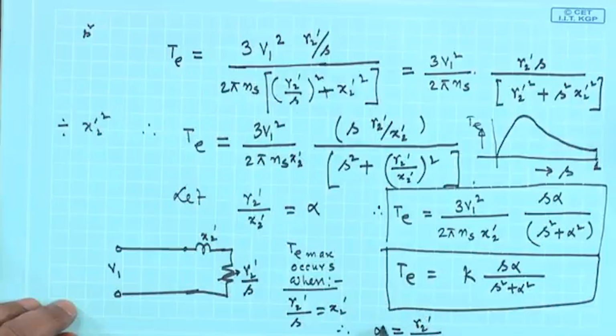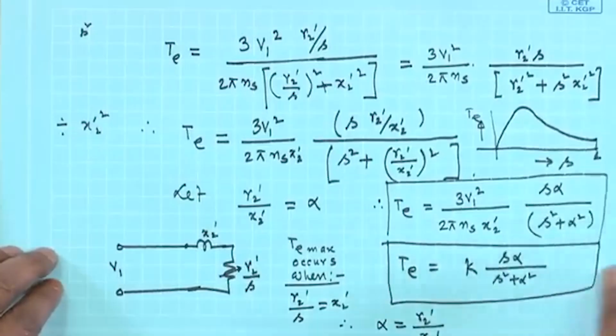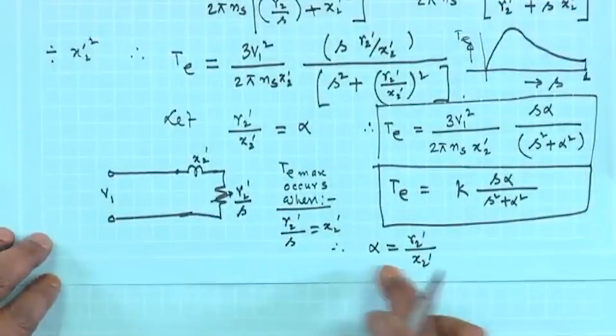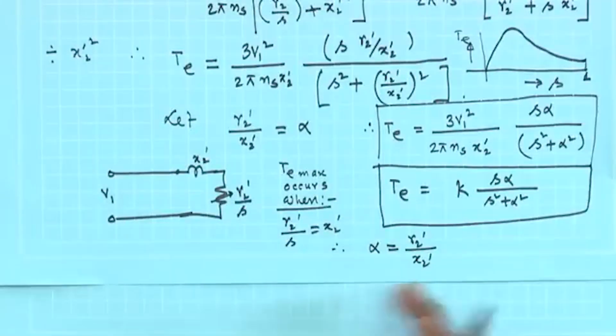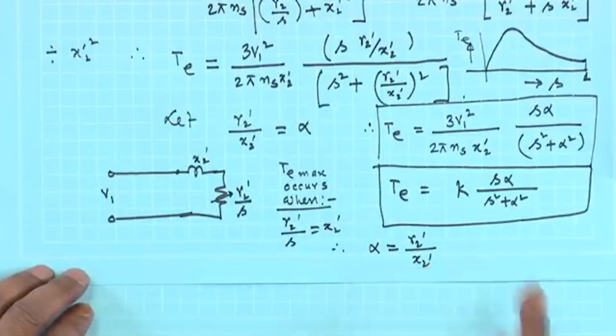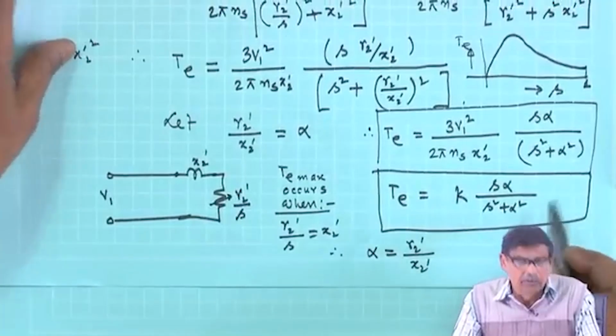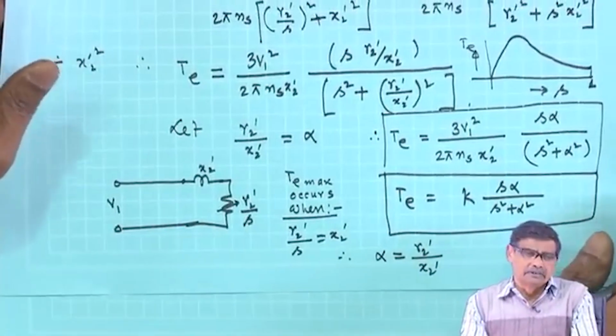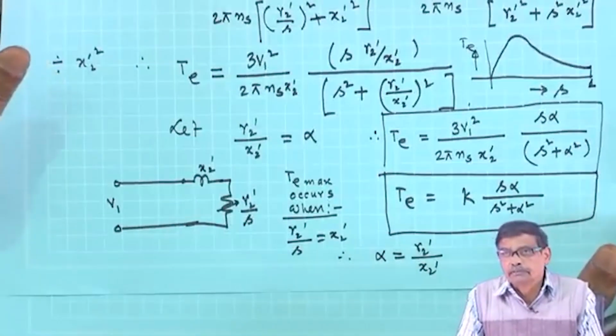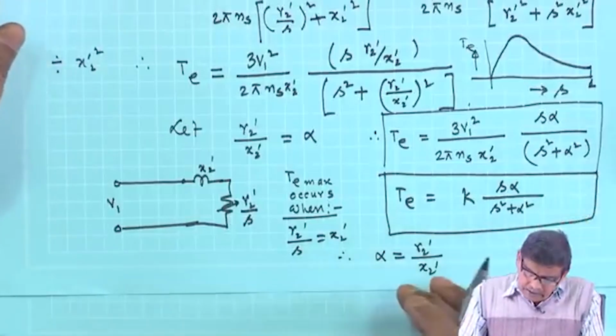It is consistent with that, that is why I assumed this to be alpha, because I earlier defined the slip at which maximum torque occurs as R2 dashed by X2 dashed in this case. Therefore, this is a formula worth remembering for some GATE exams or for some competitive exams.